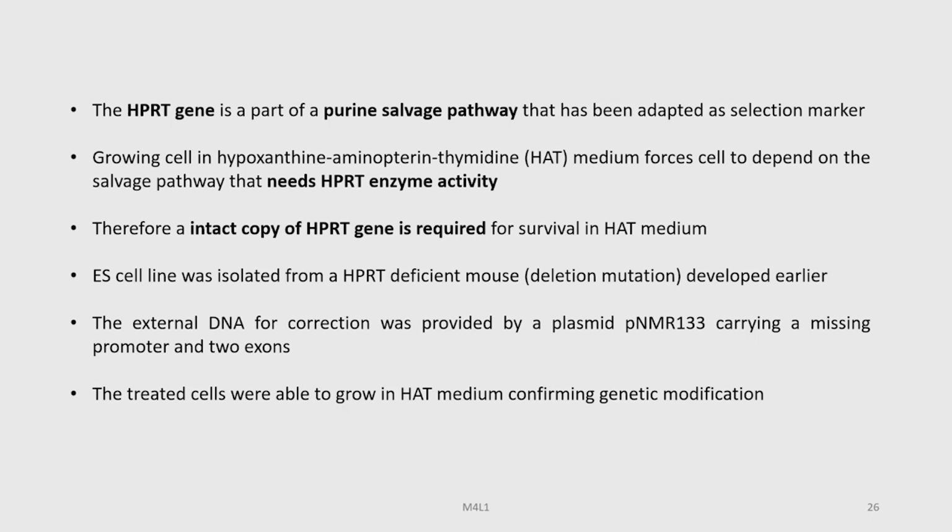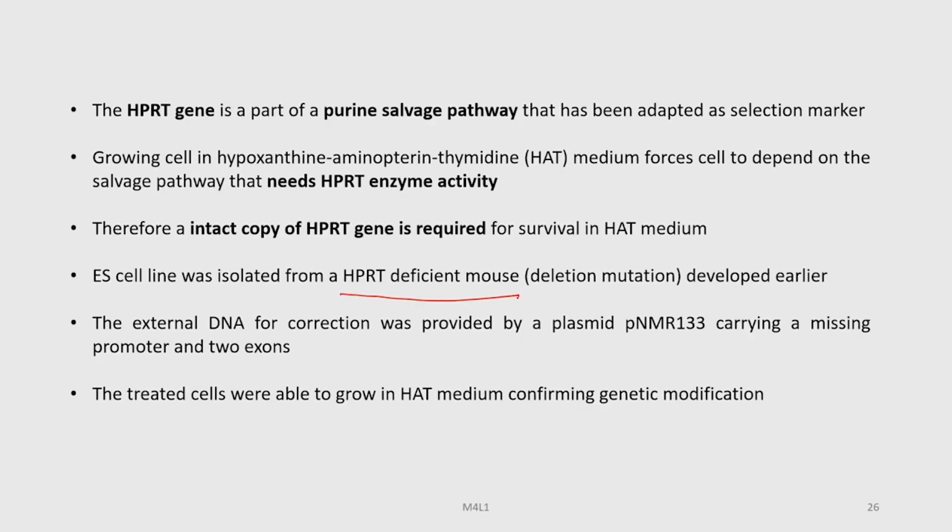Growing cells in hypoxanthine aminopterin thymidine medium, or HAT medium, forces the cell to depend on the salvage pathway and needs this particular enzyme, or the HPRT enzymatic activity. Therefore, an intact copy of the HPRT gene is required for survival in the HAT medium, which means HPRT negative genotypes will not be able to survive in the HAT medium.